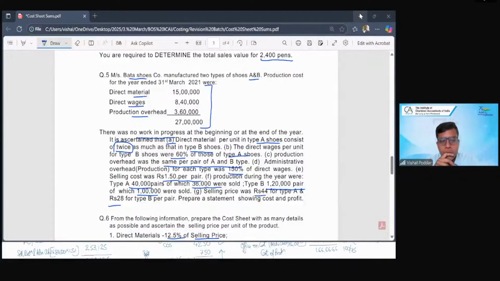Did you get something? Tell me, students, did you get that specific point which changes the answer?